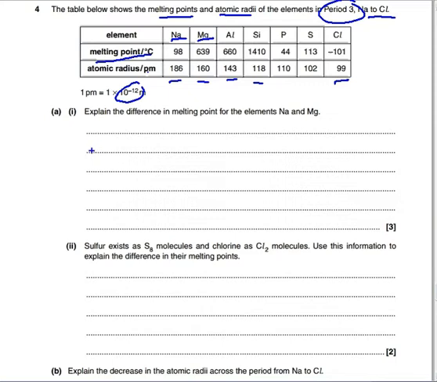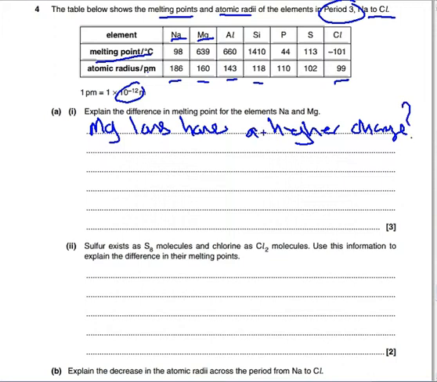Okay, let's have a look. We've got 3 marks. Magnesium ions have a higher charge. Really? Well, yeah.